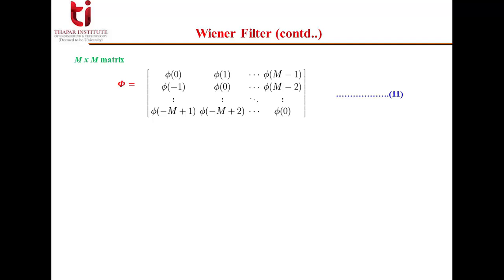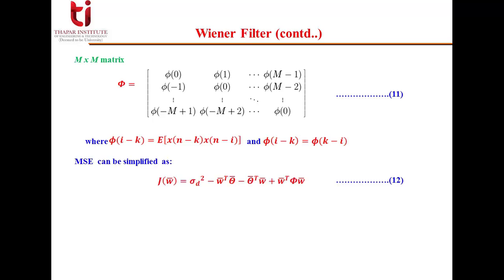With this we don't need all the values; only phi 0 to phi M minus 1 are sufficient. With this, the equation for the mean square error can be simplified by keeping the values of the different terms.